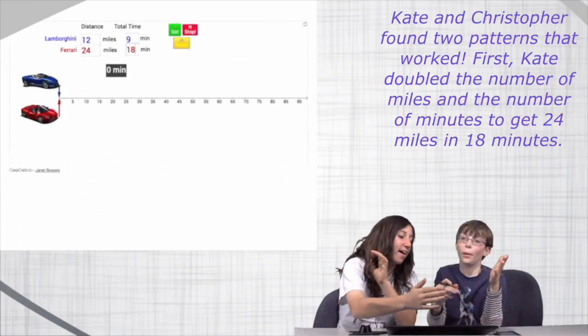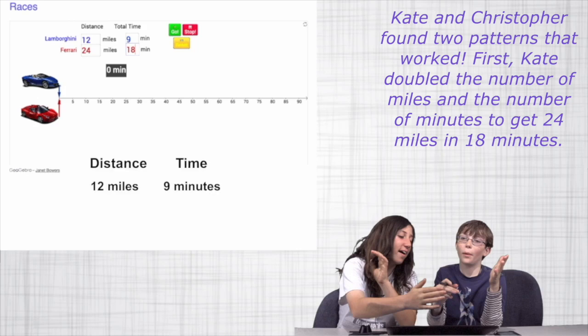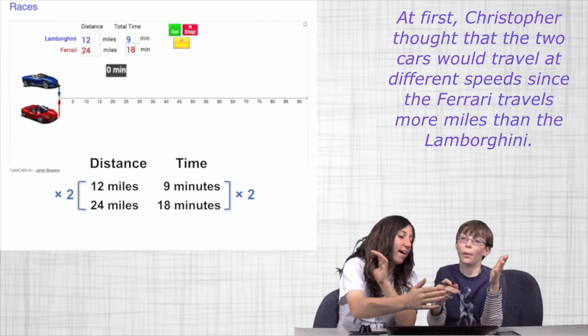Kate and Christopher found two patterns that worked. First, Kate doubled the number of miles and the number of minutes to get 24 miles in 18 minutes. At first, Christopher thought that the two cars would travel at different speeds, since the Ferrari travels more miles than the Lamborghini.